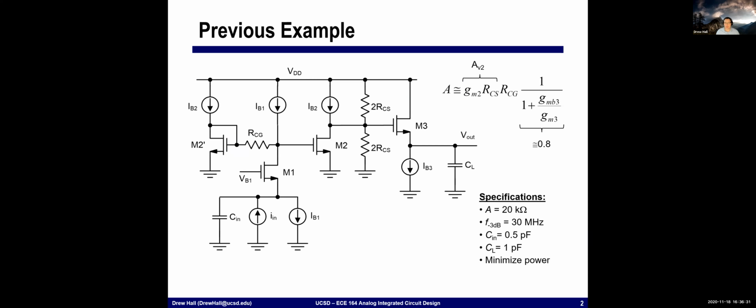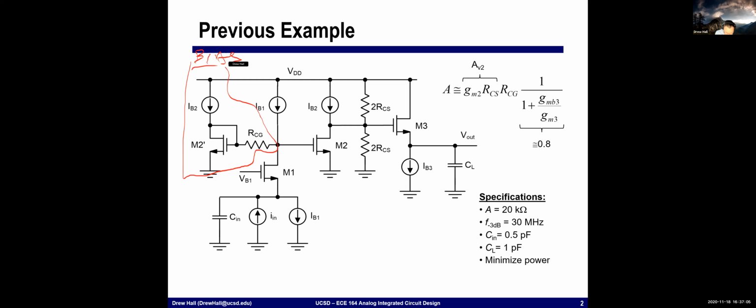All right, so here's a circuit that I showed you in lecture 8. It's a multi-stage amplifier, and we talked about the various different stages of it. So we've already analyzed this circuit. Very quickly, just to reiterate, we have the stage over here, this is our bias.